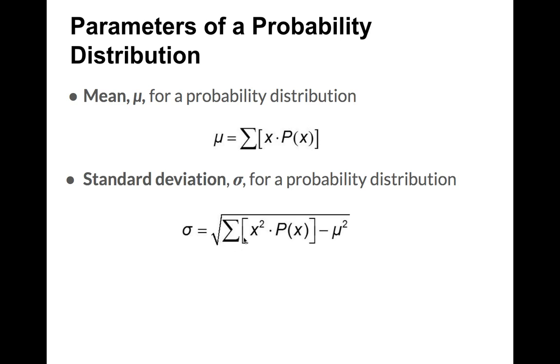It is the square root of the sum of the value squared of the random variable times its probability, and then once we've added all those together, we subtract the mean squared, and then we take the square root of all that. You're looking at that going, oh my God, when is he going to make me do this by hand? The answer is I probably will never. To get the variance, we simply square the standard deviation. Remember, variance is simply defined to be the square of the standard deviation.